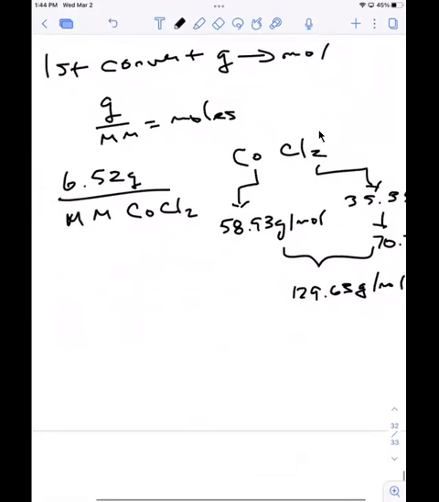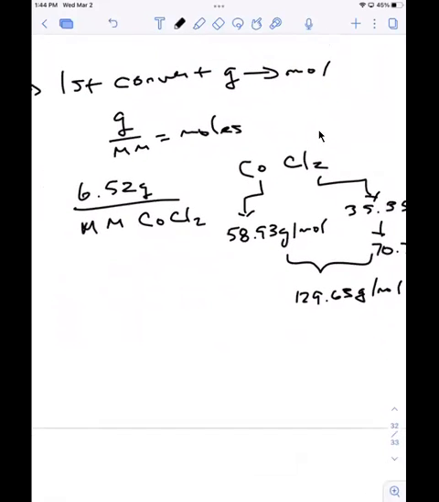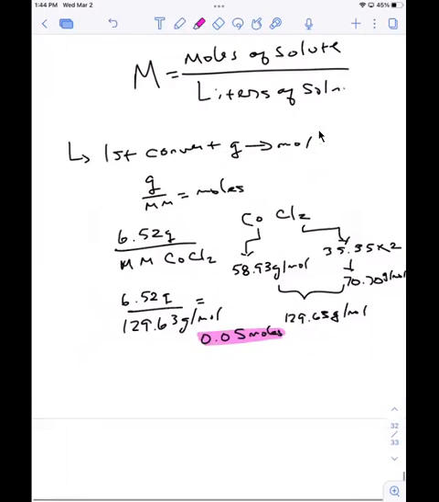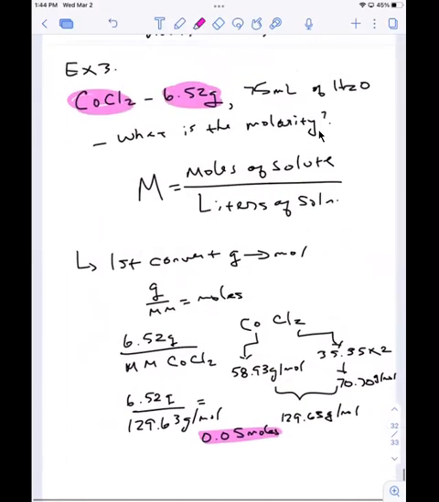So once we get the molar mass, we have grams, we're just going to put it right back together and divide by 129.63 grams per mole. What do we get? 0.05 moles. Highlight that. We got our moles. Now we need our liters.